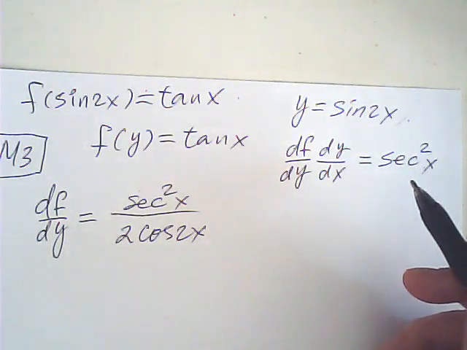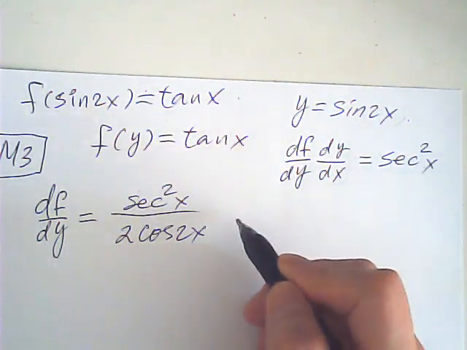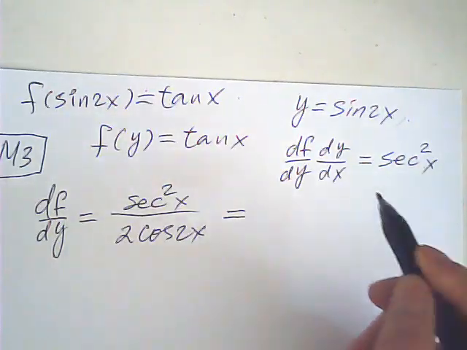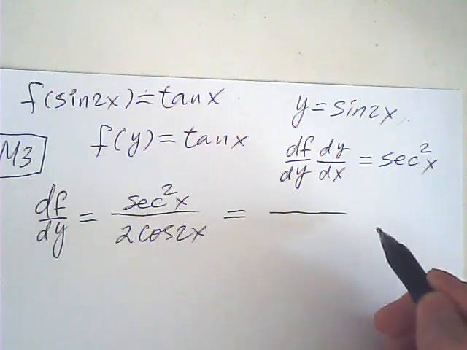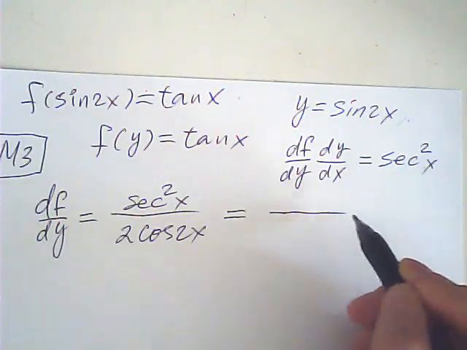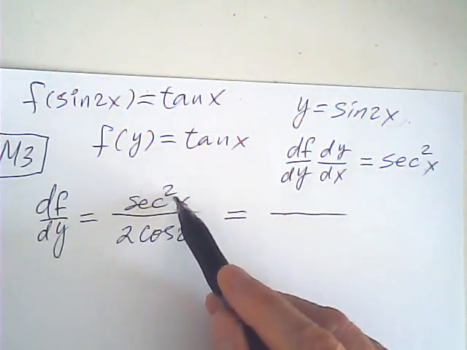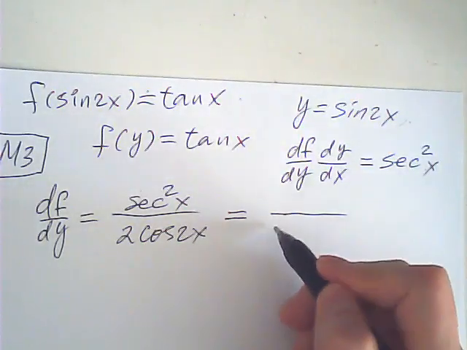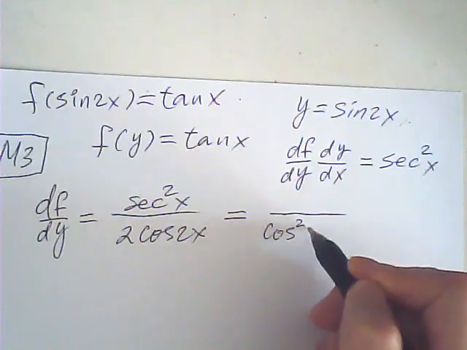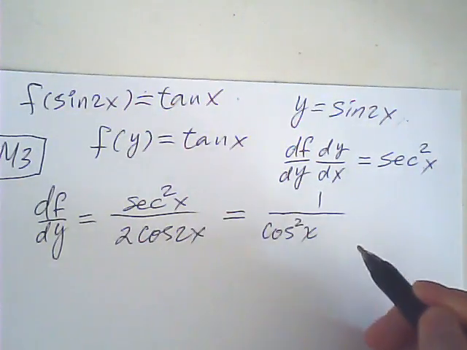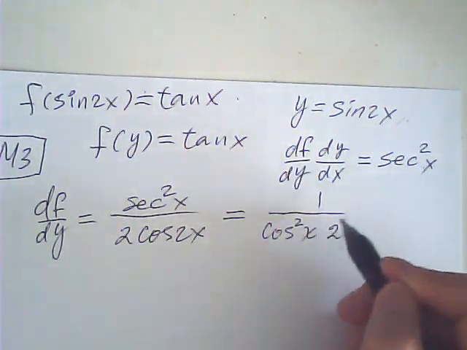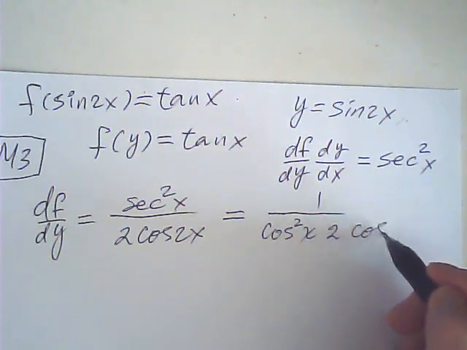Yeah. So how do we do that one? This one is equal to secant square, which is 1 over cosine, times 2 cosine 2x.